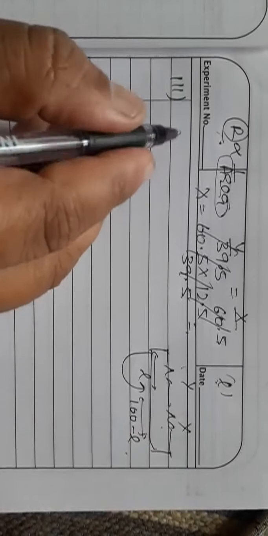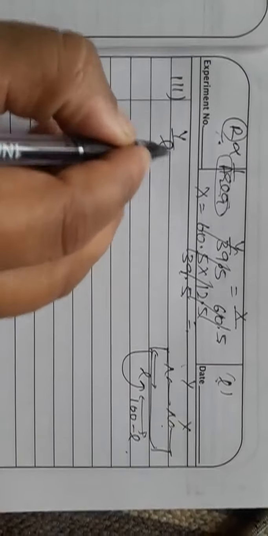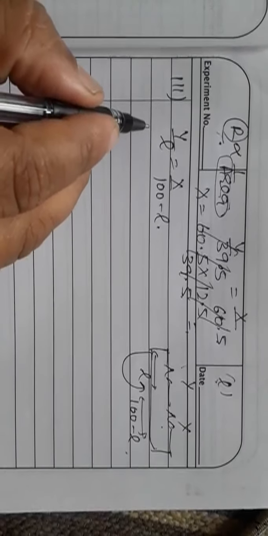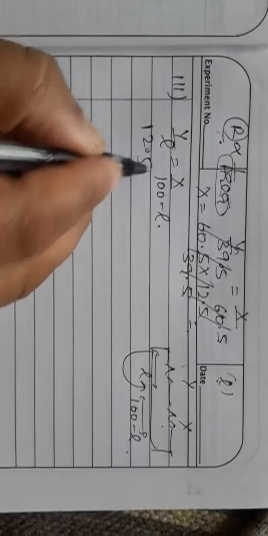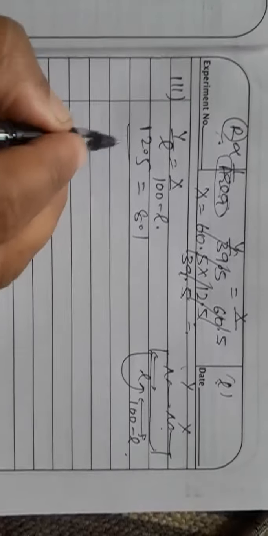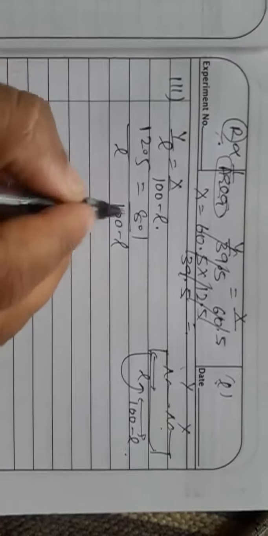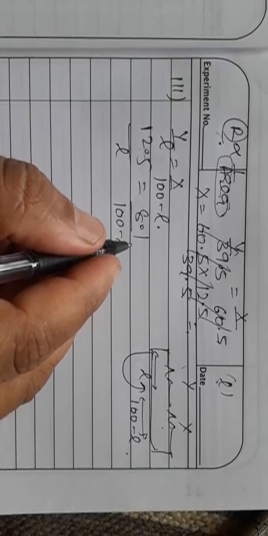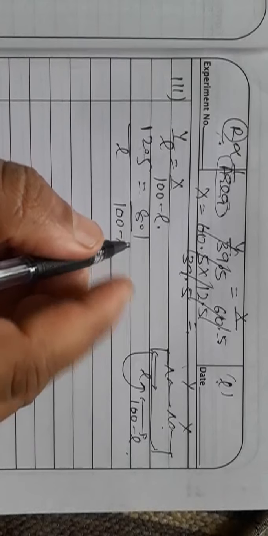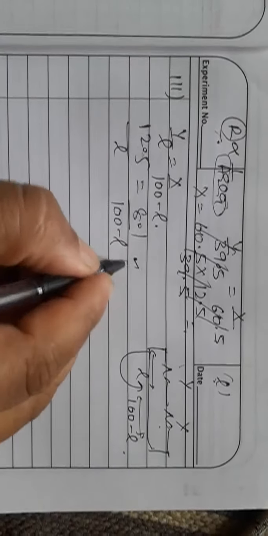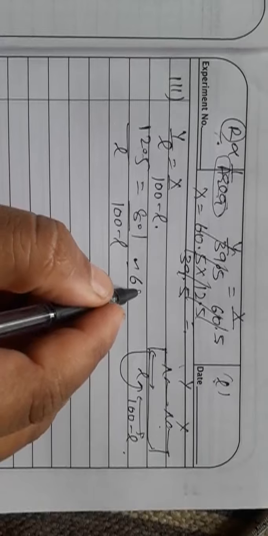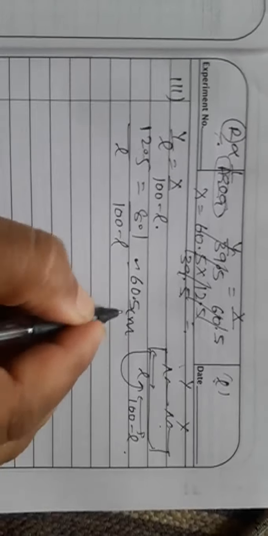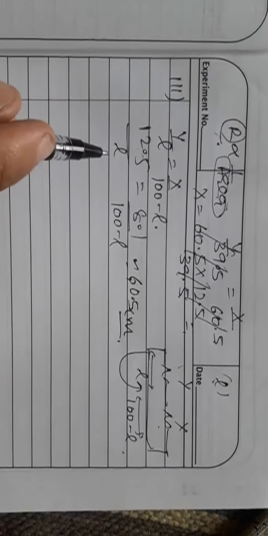So Y by L is equal to X by 100 minus L. The Y value was 12.5 and the X value we found is 8.1, so 12.5 by L equals 8.1 by 100 minus L. Cross multiply, and after solving and doing the calculation, L comes out to be approximately 60.5 centimeter.